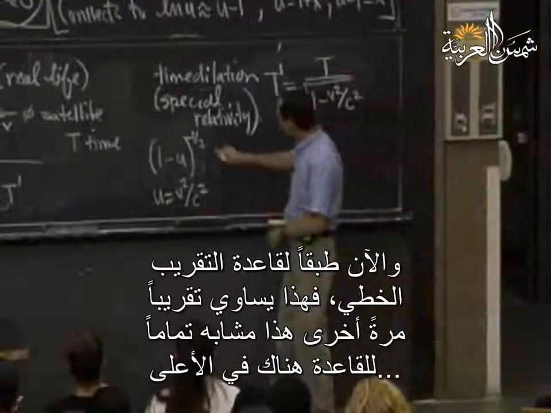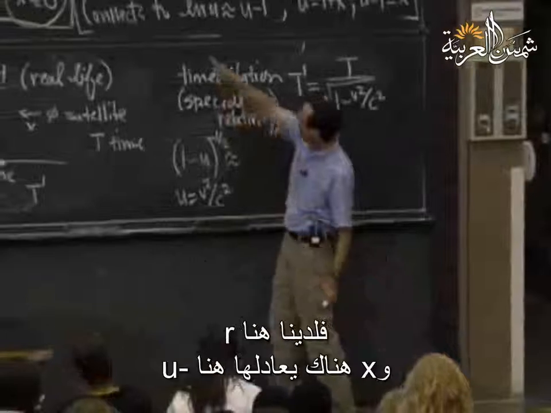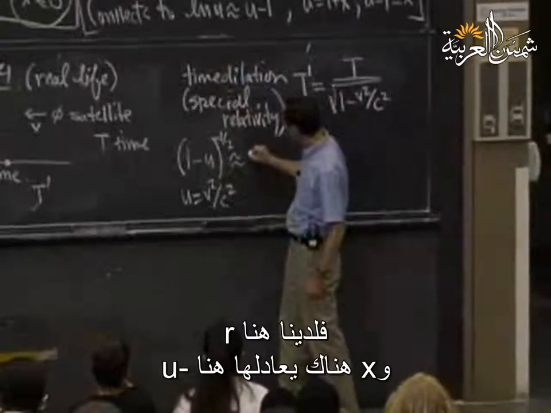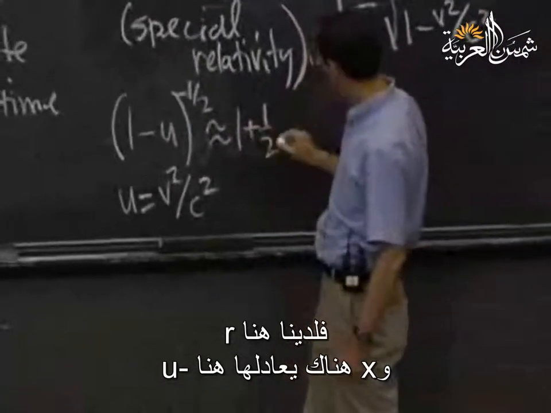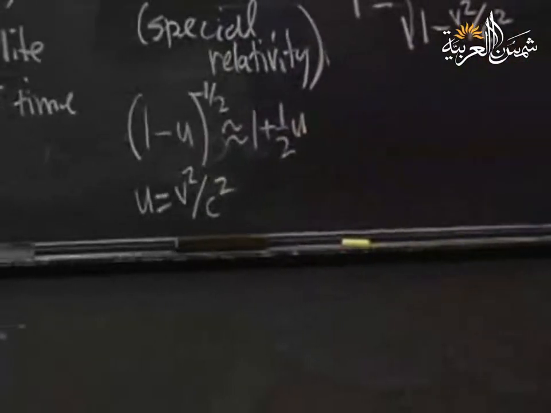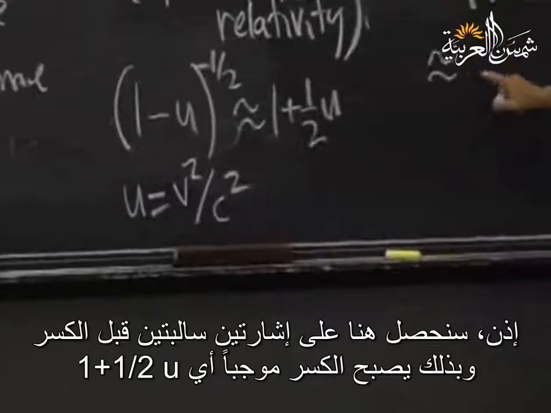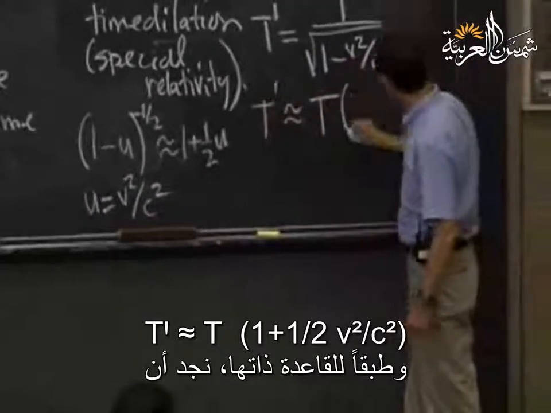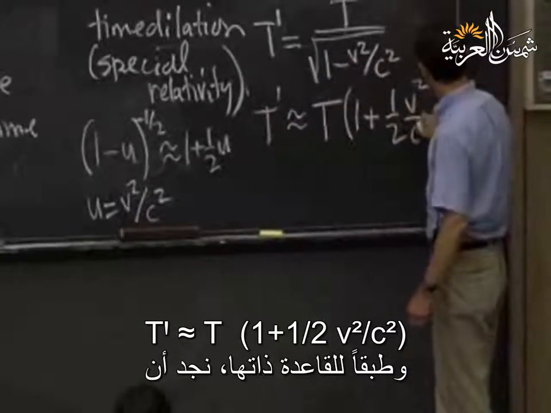And now the approximation formula says that this is approximately equal to, well, again, it's the same rule. There's an r, and then x is minus u, so this is minus minus a half, so it's 1 plus a half u. All right? So this is approximately, by the same rule, t prime is approximately t times 1 plus a half v squared over c squared.